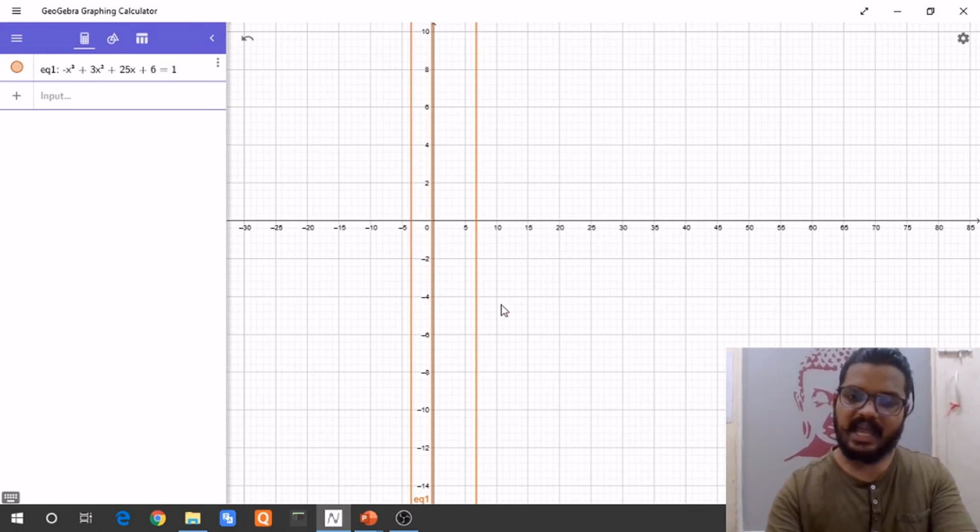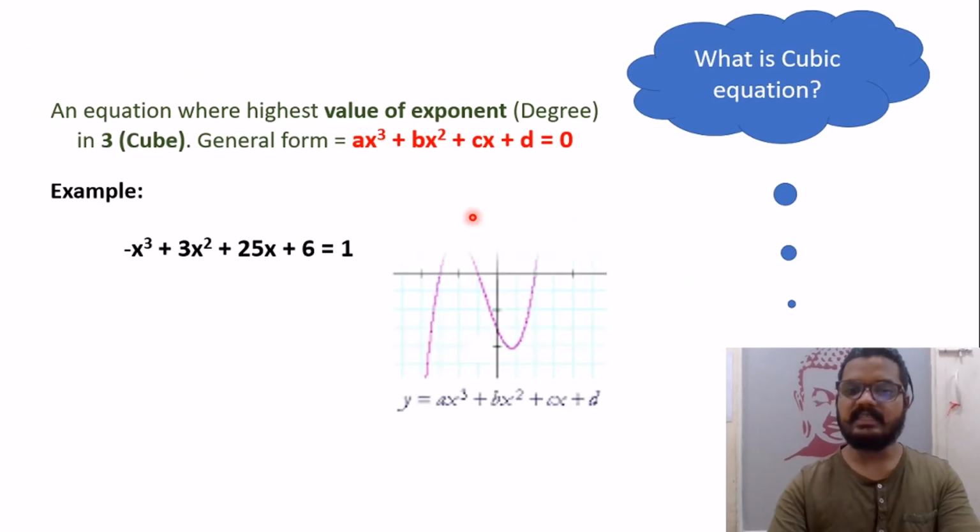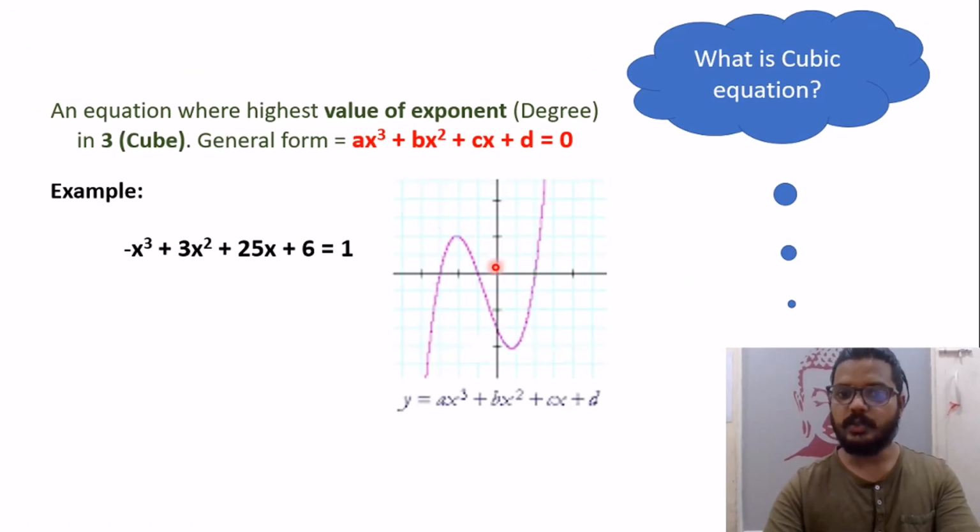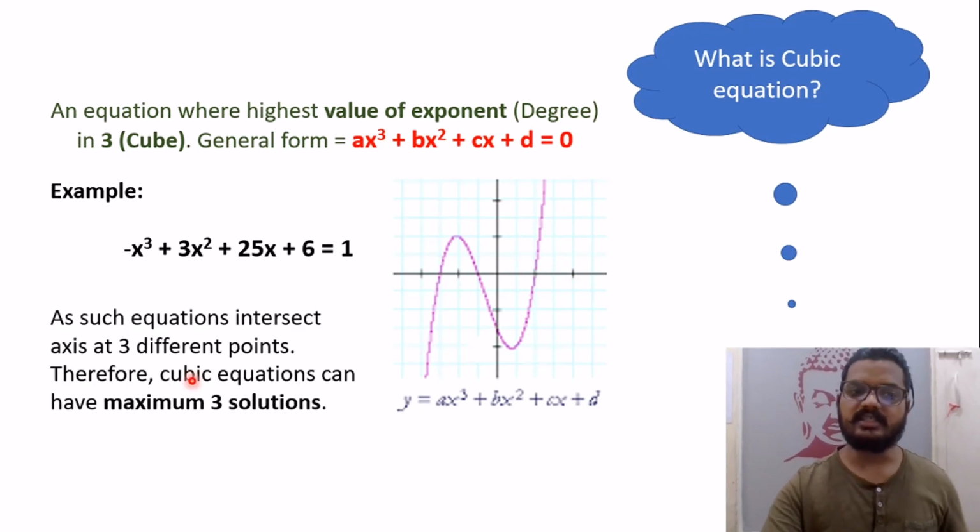This one line, which is moving like a wave, is passing through the x-axis how many times? 1, 2 and 3. And that is the reason students, in this type of equation, you will always have the line passing through the x-axis not once, not twice, but thrice. And therefore, such equations can have a maximum of 3 solutions.